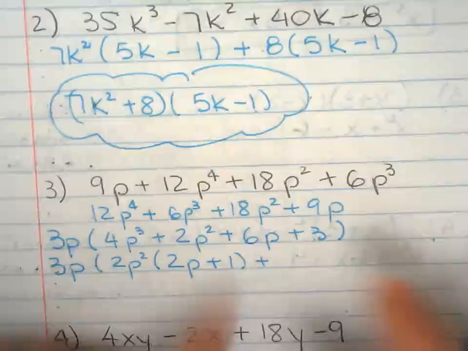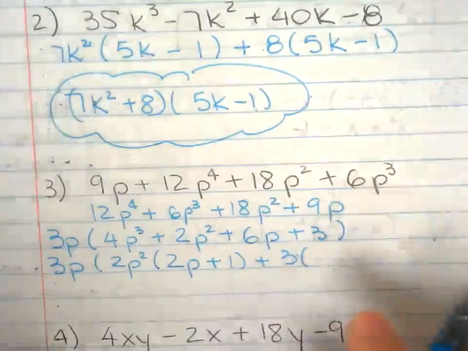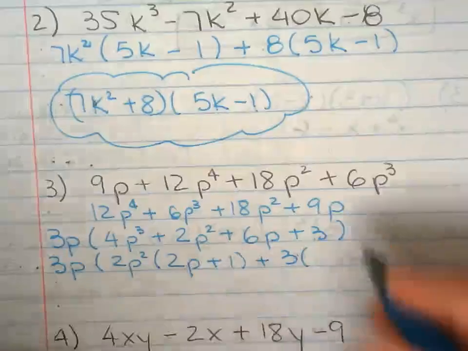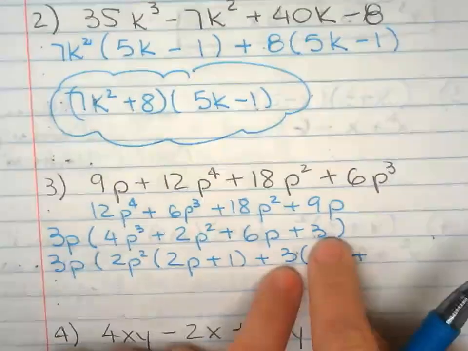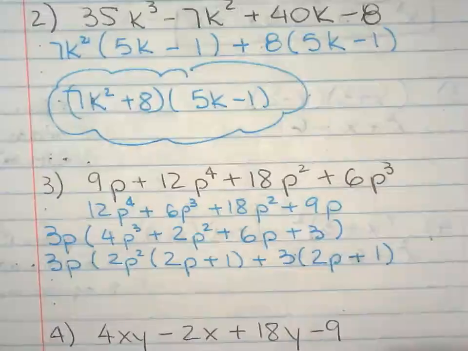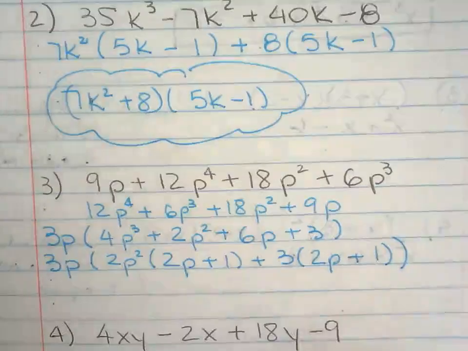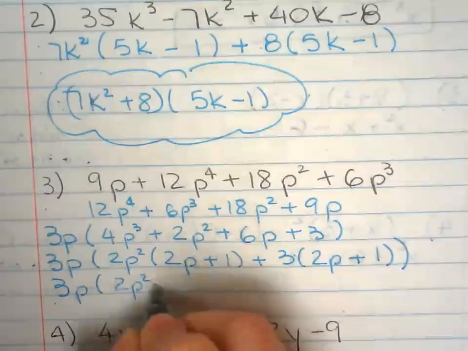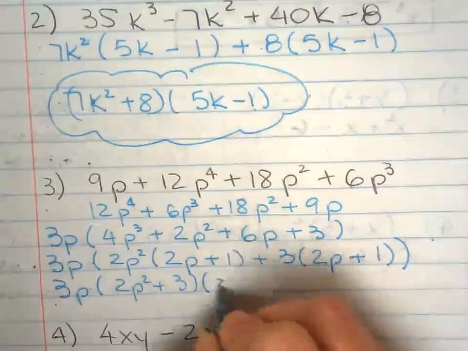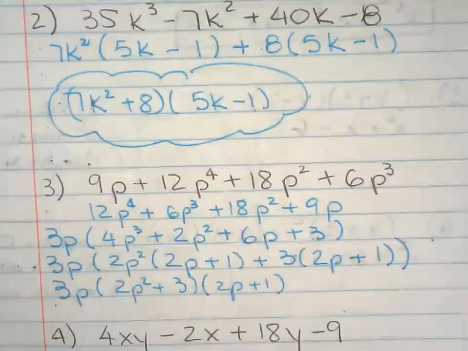Here I can divide them both by 3. Divide these two. Divide these two. Rewrite it. All right.